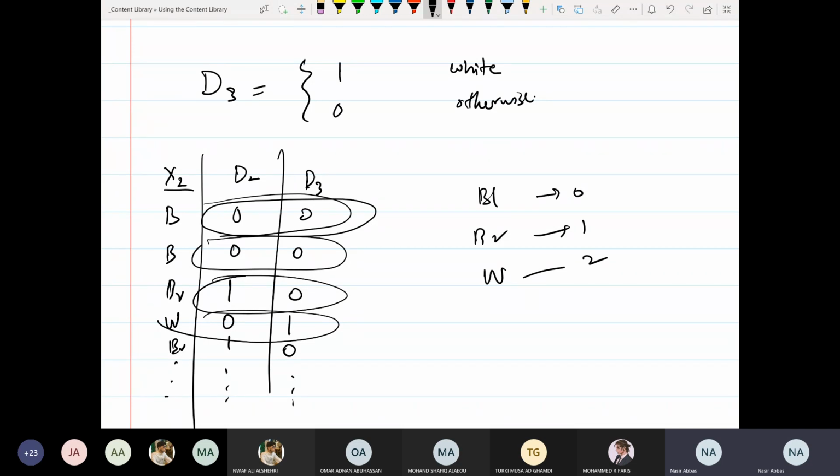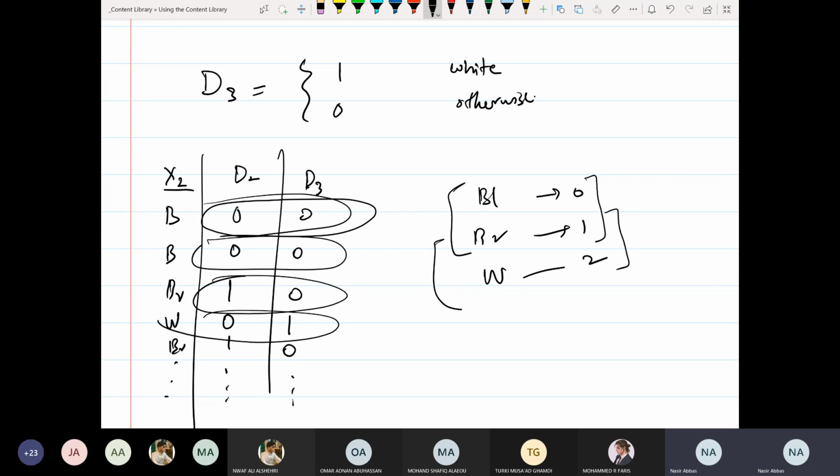When you convert something to a higher scale, that means the difference between 0 and 1 and the difference between 1 and 2 use the properties of numbers. This difference is meaningful. But here, the difference between black and brown, the difference between white and black, this difference is not meaningful.